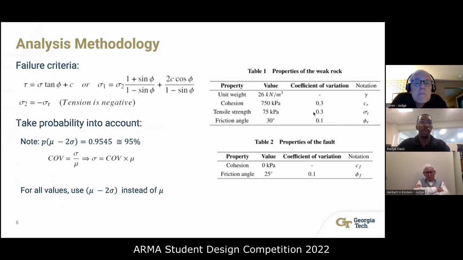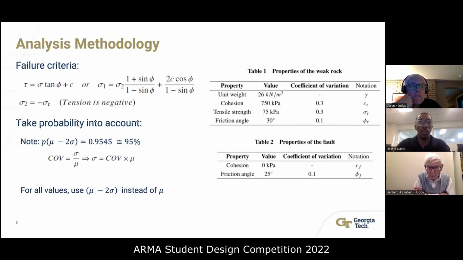The failure criteria are the Mohr-Coulomb criterion and the tensile strength. To take the probability into account, we use a simple fact in the Gaussian distribution: the probability of values being within 2 times the standard deviation of the mean is 0.9545, which is about 95%.